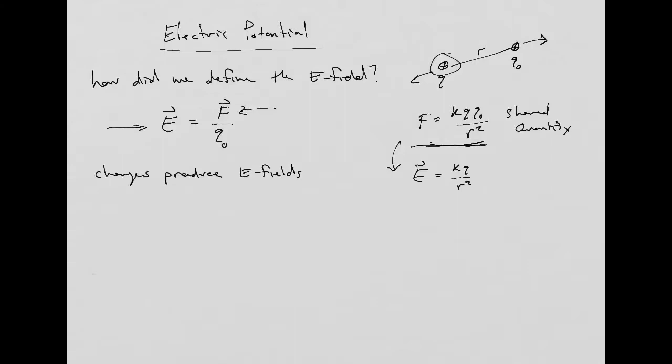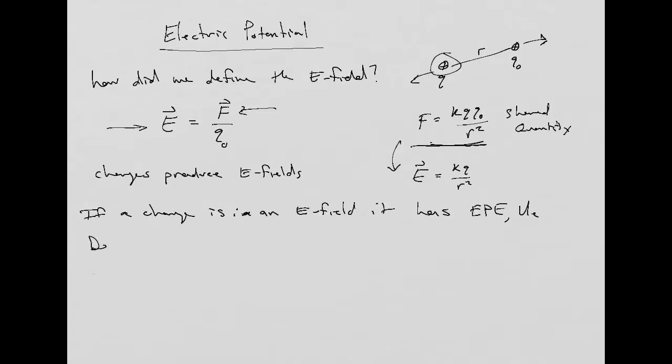We're going to do something very similar with electric potential. At this point, we know that if a charge is in an electric field, it has electric potential energy, which we call UE. UE happens to be a shared quantity between the two charges, if you have two charges near each other. This is what we're going to do.